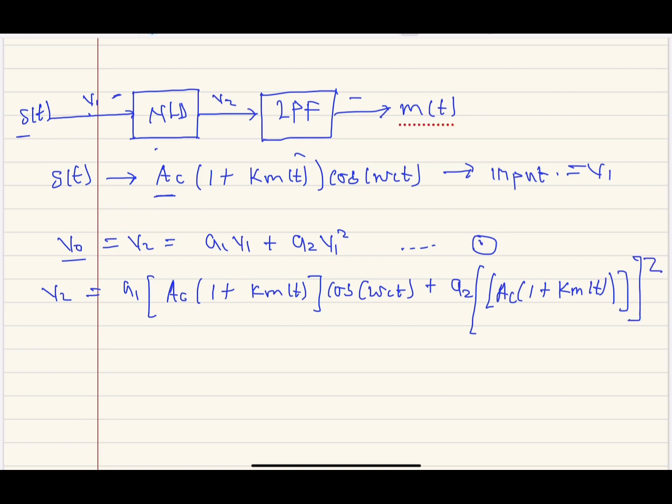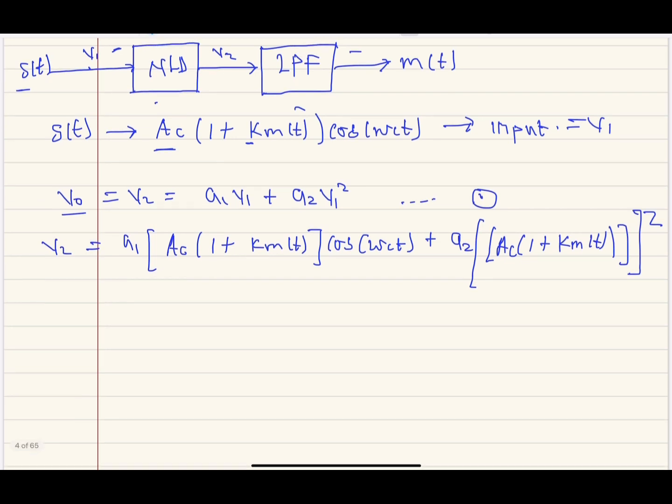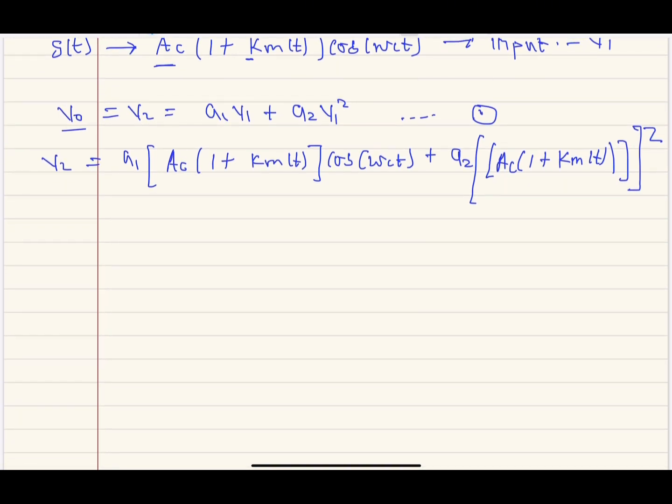Now let's look at what we can do over here. As I said, K is our amplitude deviation, which we sometimes refer to as the modulation index. So let's try to simplify the right hand side first. Sorry, I didn't add cos. The cos is here, cos omega ct, so don't forget to add it.